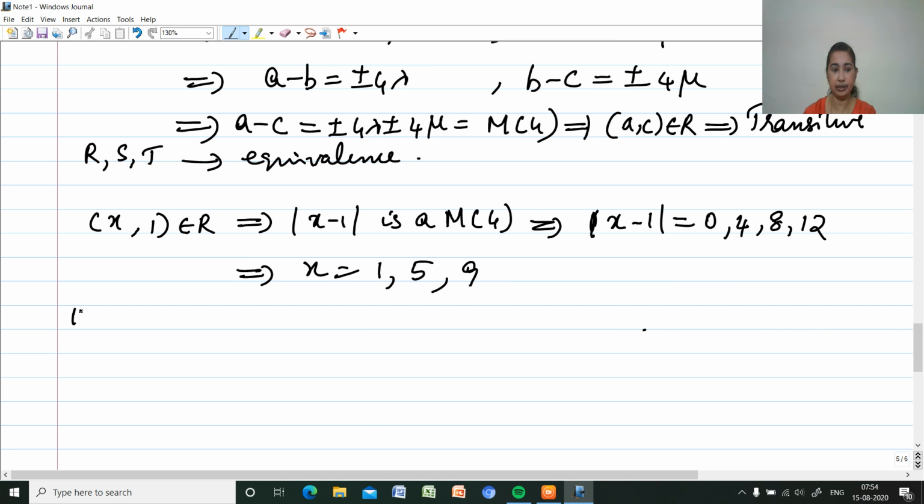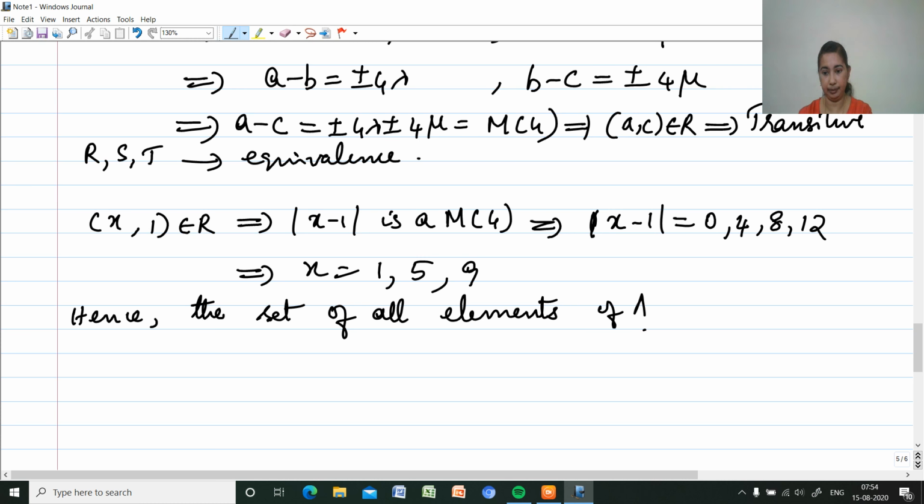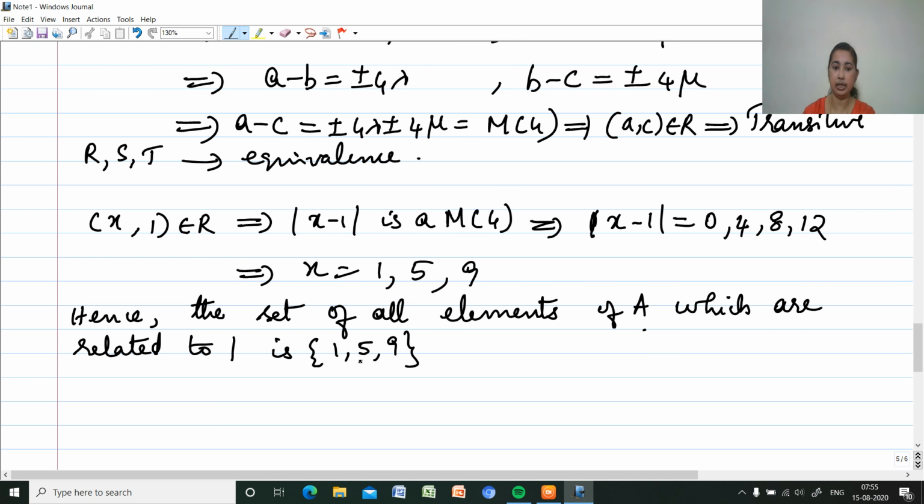So what we can write is, hence the set of all elements of A which are related to 1 is the set {1, 5, 9}. These all are related to 1.